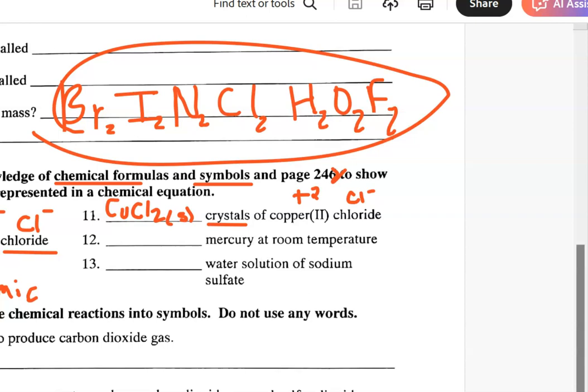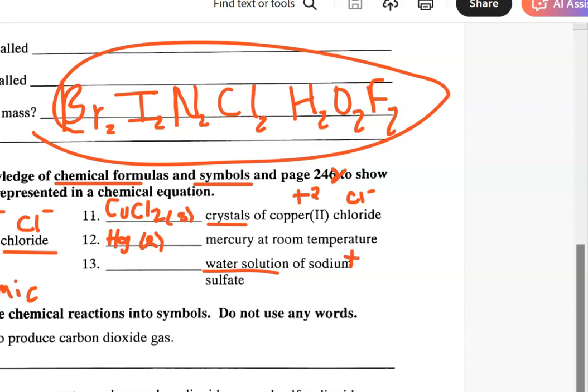Okay, mercury at room temperature. So mercury is Hg. I believe at room temperature it's liquid. Correct me if I'm wrong later. I'll check that later. Water solution of sodium sulfate. Sodium is +1.